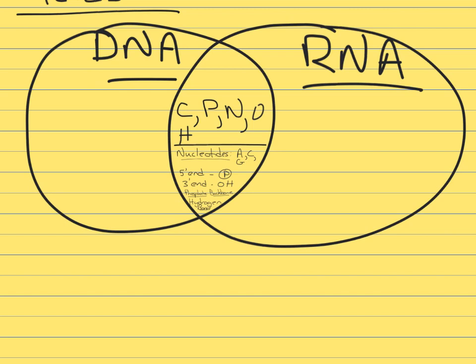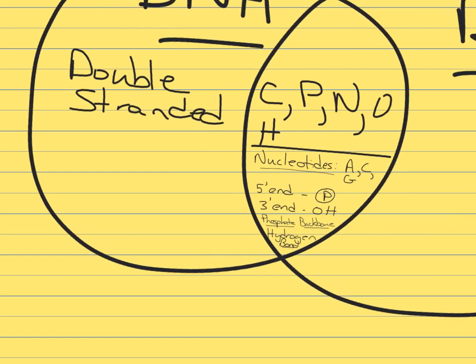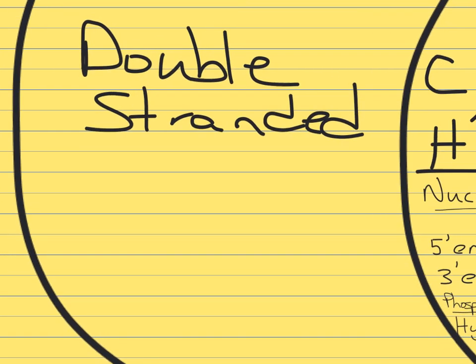Two strands. So DNA is double-stranded. And these two strands, how are they connected? They're not parallel. They're anti-parallel. What does that mean?